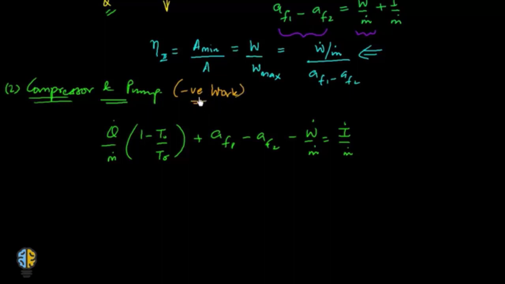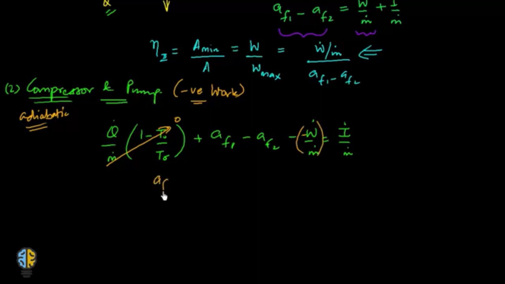So there is no shaft work, there is only input of the work. And we can also assume it to be adiabatic in its operation. Given the adiabatic operation, this whole term would become 0 and this would become plus because it has to be a negative work, so you can put a negative sign over here.